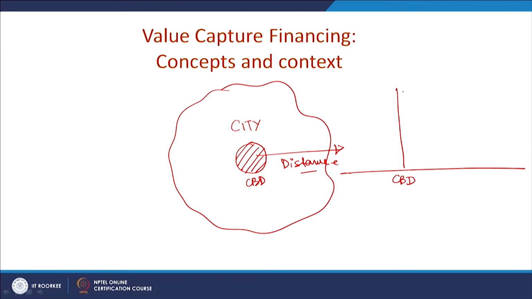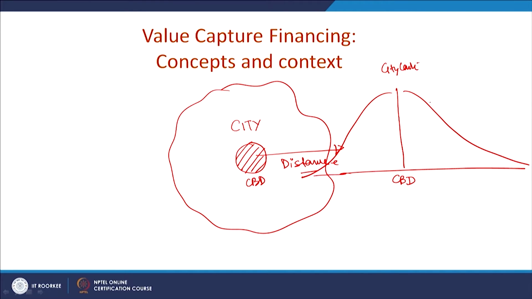In the CBD the land value is maximum and slowly it goes down. This is the city center and this is the periphery of the city.